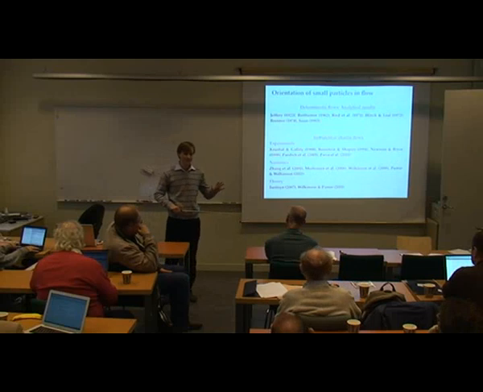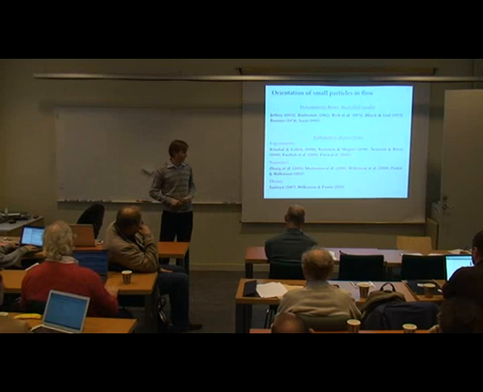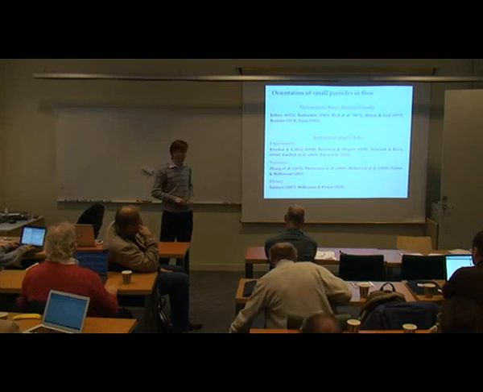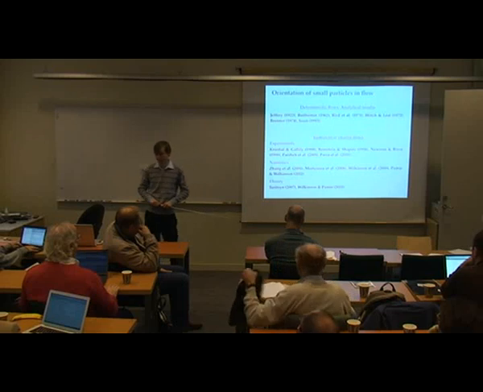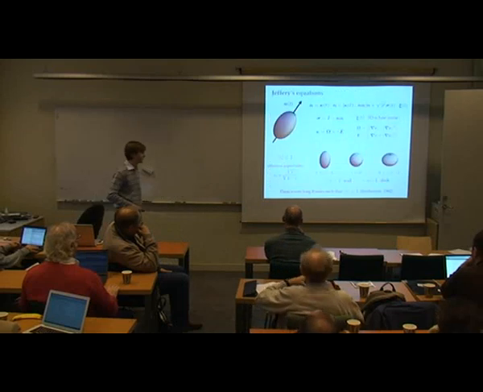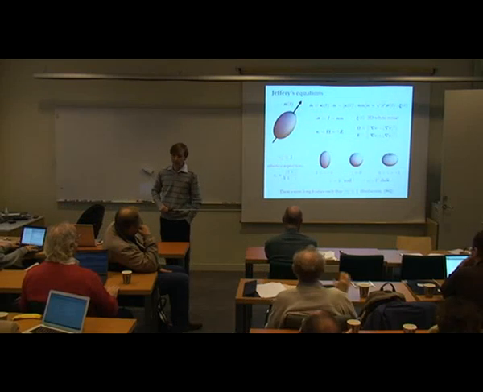As you will see, there isn't any amazing new physics emerging from this study, but I still believe it may be interesting because, as I mentioned, there are very few analytical results on this problem. So the starting point is Jeffery's equation for the dynamics of a non-spherical particle.